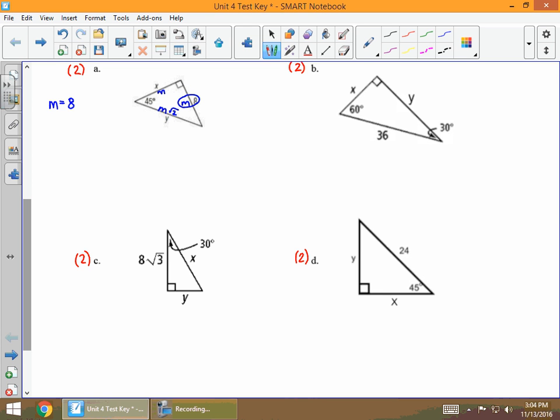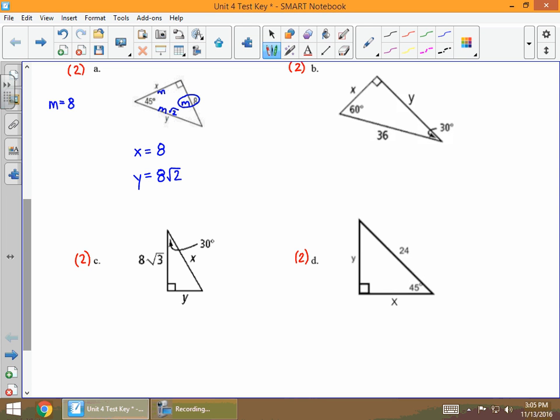Now I need to find x and y. If I look up here at the triangle, it says that x is equal to the m value. So in this case, x is equal to 8. And y is equal to m radical 2. So m is 8, so 8 radical 2.